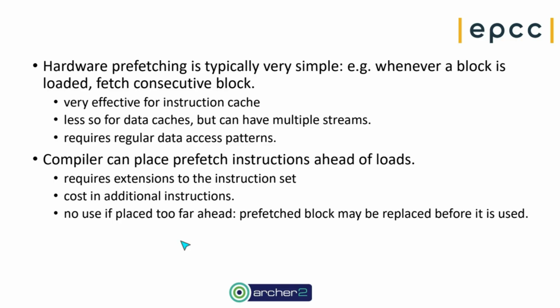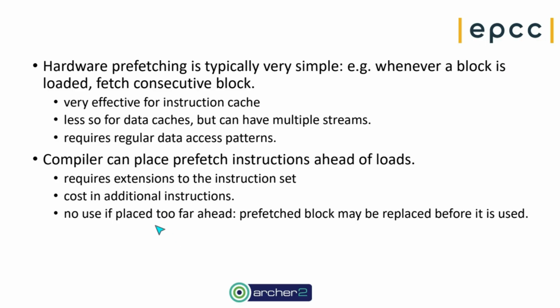Typically, if you access two consecutive blocks in memory in order, then it'll start prefetching the third block and the fourth block and the fifth block and so on. And it's possible to have multiple streams, which means there can be prefetching streams coming in starting from different addresses. But again, there's a limit to the number of consecutive prefetch streams that can happen.